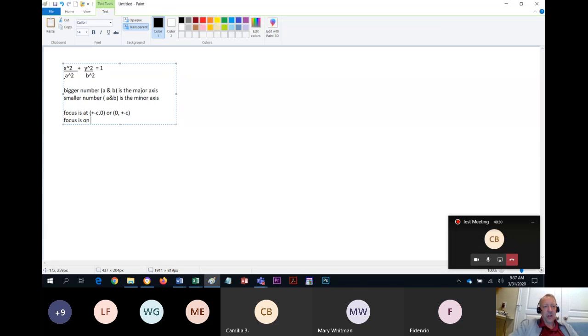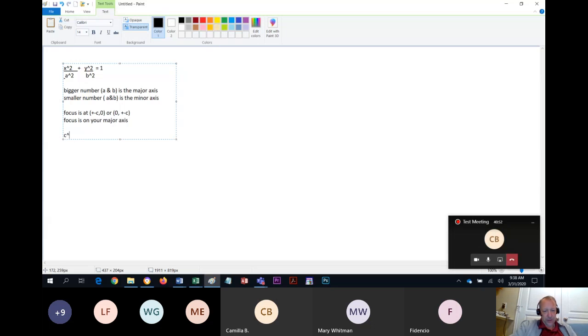Focus is on your major axis. So whichever your major axis is, in the x direction or the y direction, that's how it's going to be.